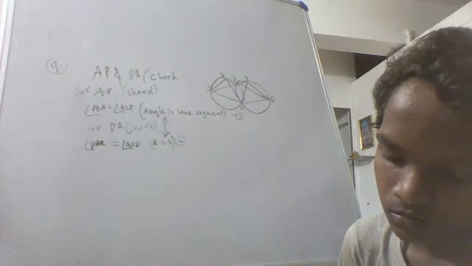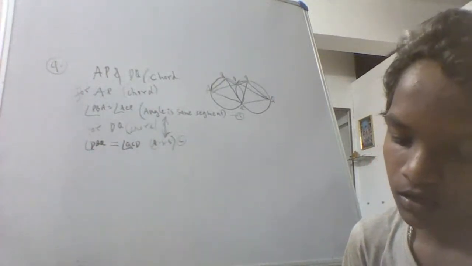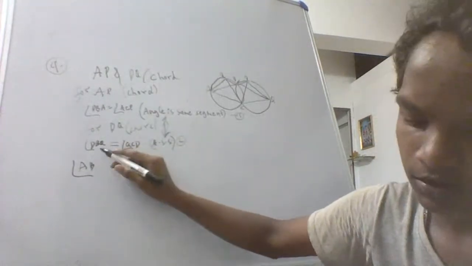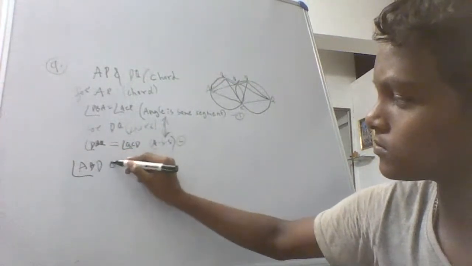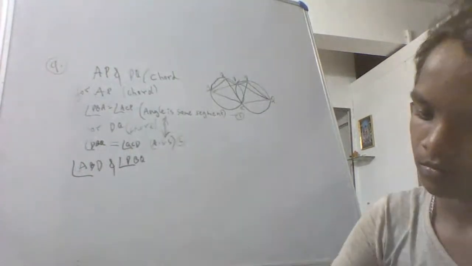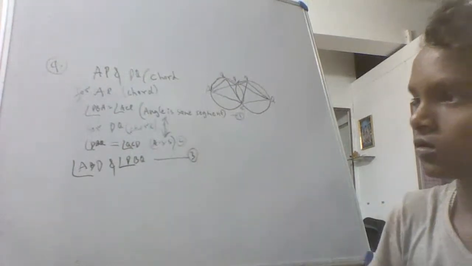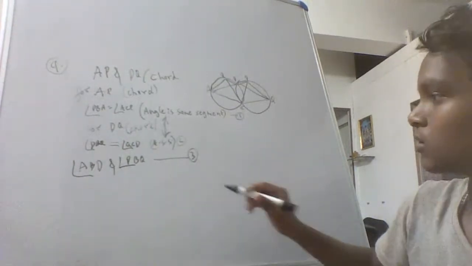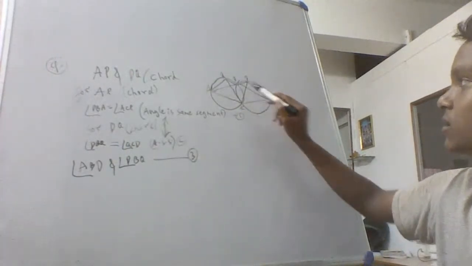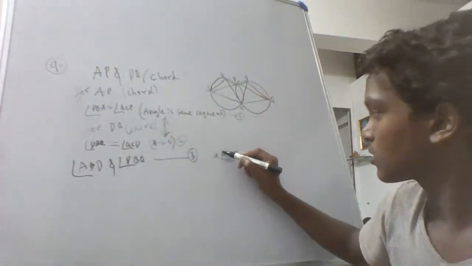Now ABD and PBQ are line segments intersecting at B. Show me where they are intersecting, which point? B is the point. At B, correct.